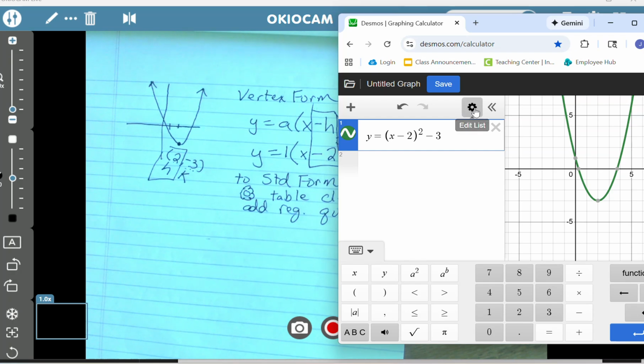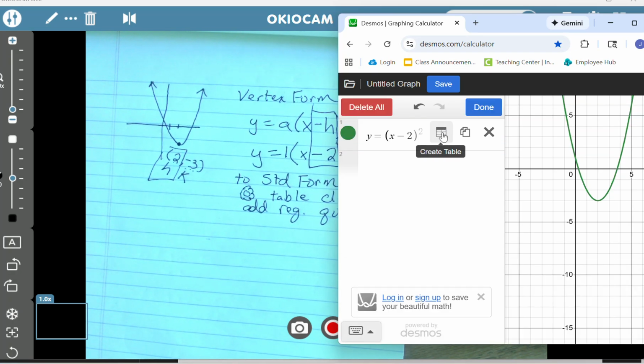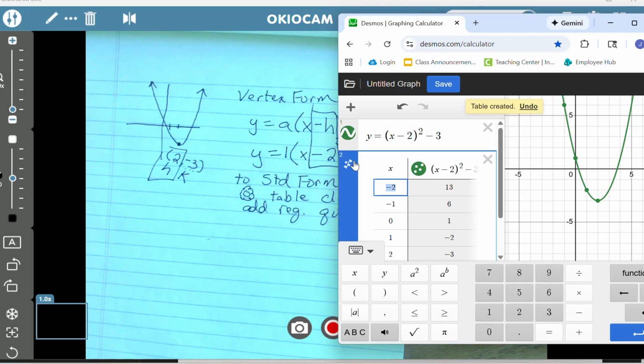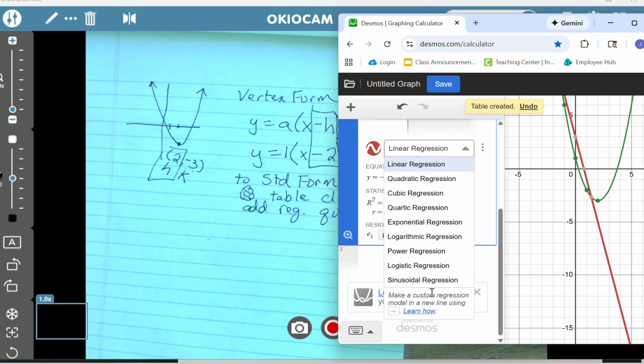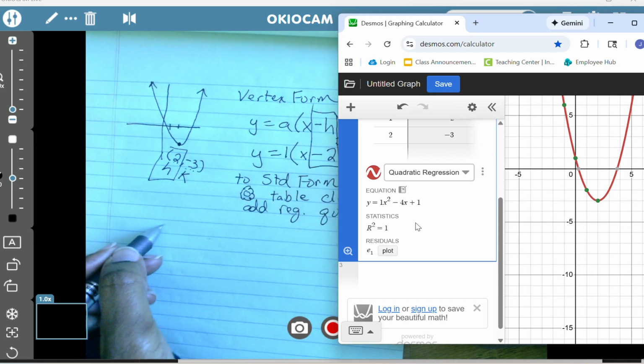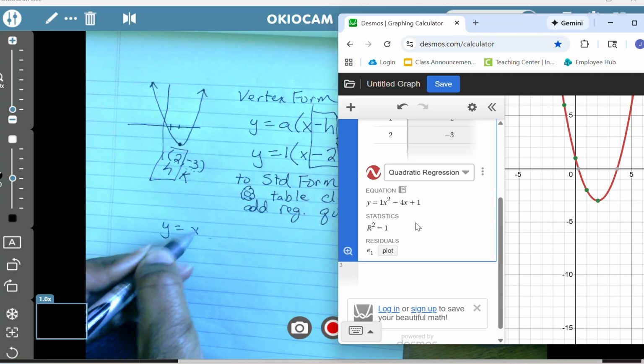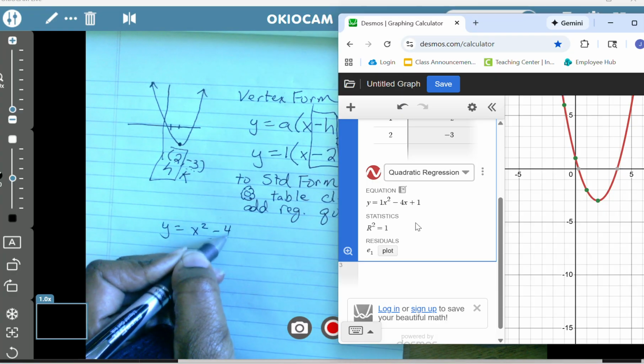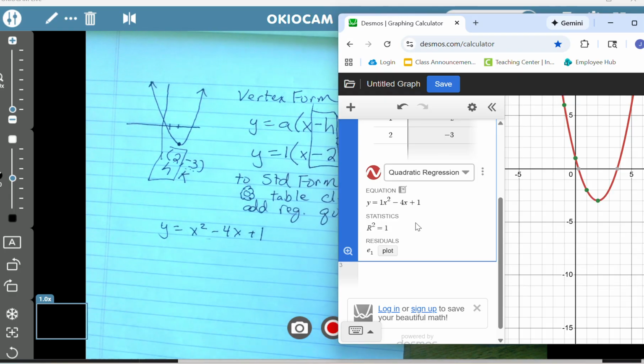Here we go. You press settings, you go to table, click add regressions, change linear to quadratic, not quartic, and here's your equation in standard form. It is y equals x squared minus 4x plus 1.